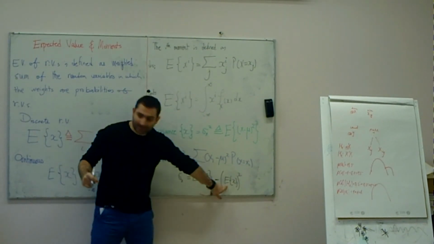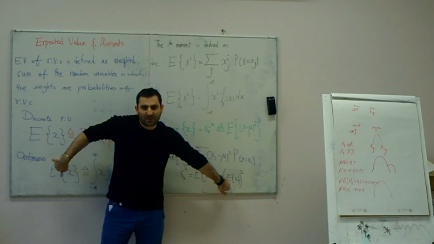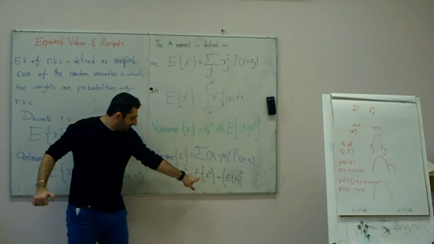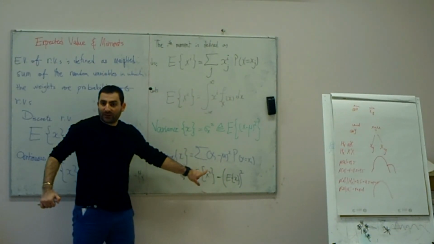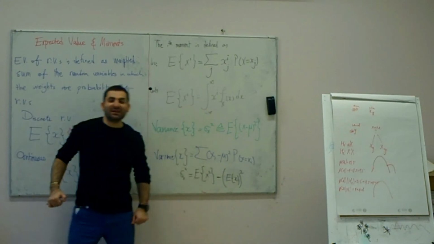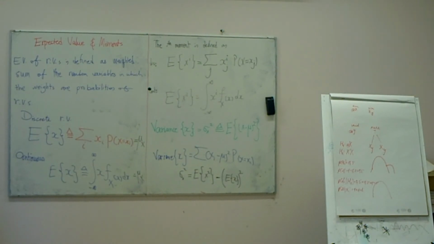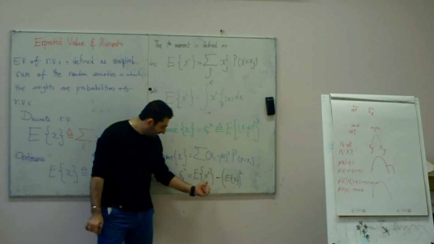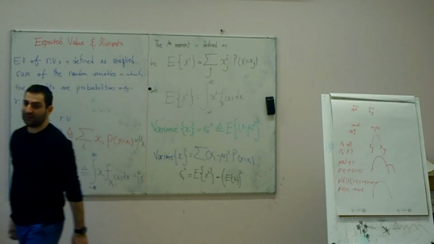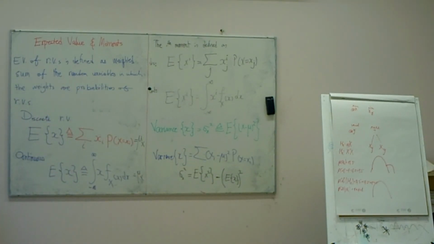What is this? The expected value is the mean. So it is the second moment minus the mean squared. It gives us the variance. And we know that sigma squared is always positive, so it is clear that the expected value of x squared will be greater than the square of the expected value of x.